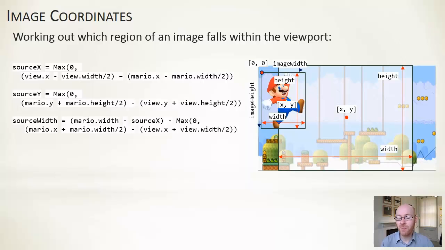If, however, Mario started a little bit outside of the image, as we have an instance here, then we can't draw the whole width. We need to take away from that the bit that falls outside of it. So Mario width minus source X basically works out, okay, take away the bit that falls before the viewport, how much of it actually falls within it, or potentially falls within it.